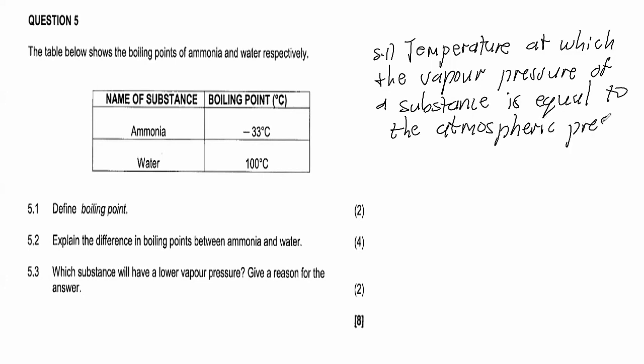Right. So this is the definition for 2 marks. It is the temperature at which the vapor pressure of a substance equals the atmospheric pressure.